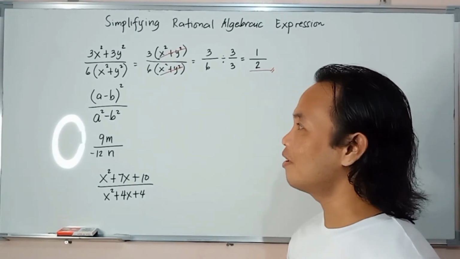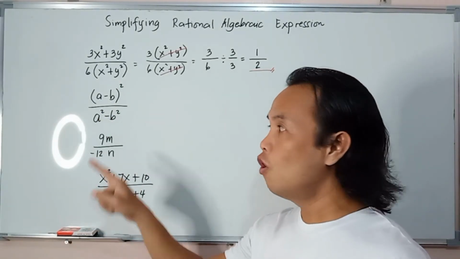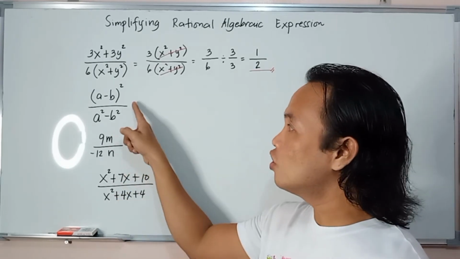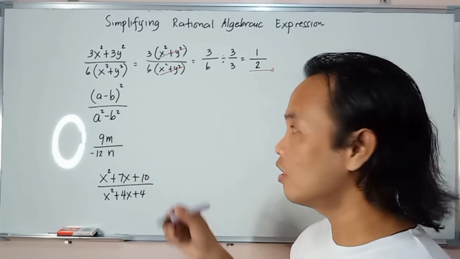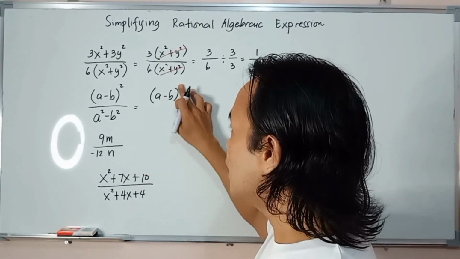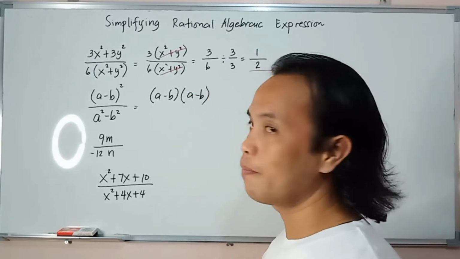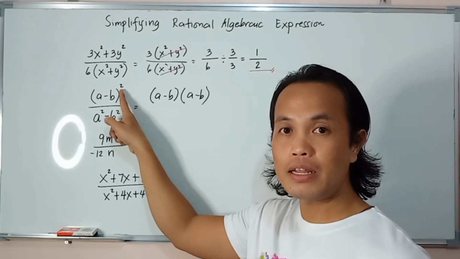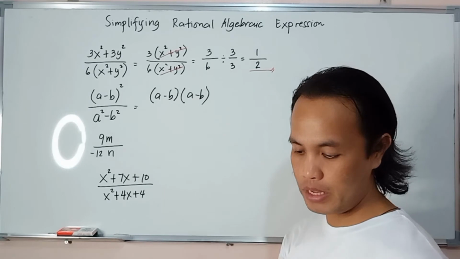Another example, we have a minus b quantity raised to 2 over a squared minus b squared. So we have here a minus b quantity squared. We can factor this out by writing a minus b times a minus b. Our exponent here indicates that we need to multiply the base 2 times. That's why we have a minus b times a minus b.